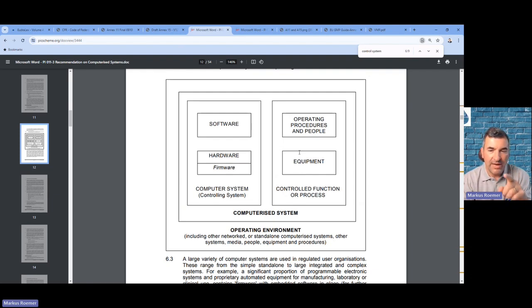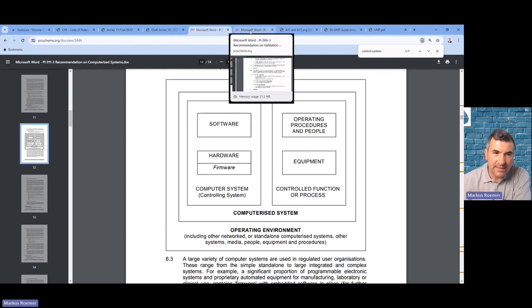So there are the operating procedures and the people, that's the computerized system. And around that, you have the operating system. And this is what in the new Annex 11 is written, the application, right? So even if you would have the best software in the world, if people would not be trained, they cannot operate the system properly. So that's a potential risk for the process or for the product and so on. So this is one part.